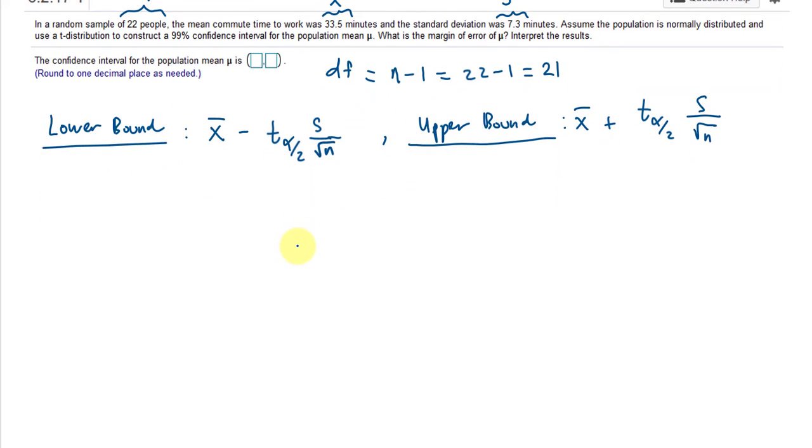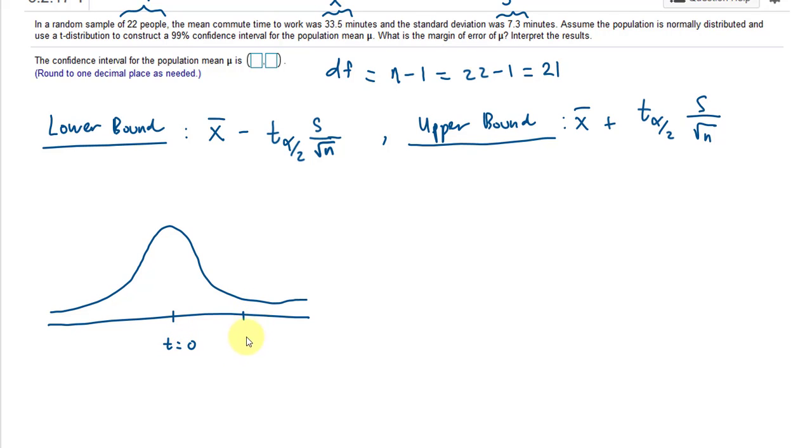So how do I find t alpha over 2? Let me draw the curve. This is the distribution, and at the center is where t equals 0. This is your t alpha over 2, and on the left side is minus t alpha over 2. Now we are looking for a 99% confidence interval.